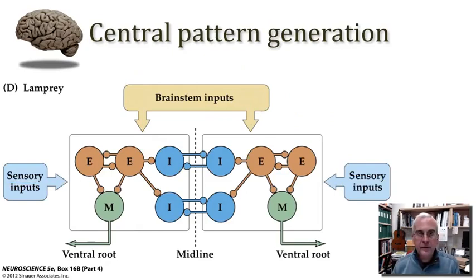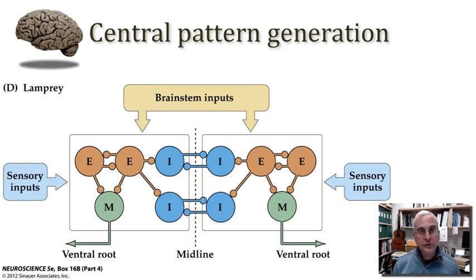And one final feature that I'll mention of central pattern generators is that they can actually generate different kinds of movement patterns. Consider, for example, the difference between a walk and a jog and a run and a sprint. This is not simply a matter of the rate of output, but there's actually a different pattern that can be produced.